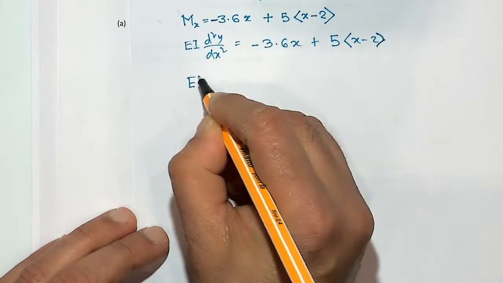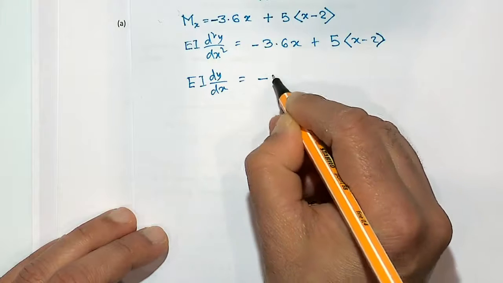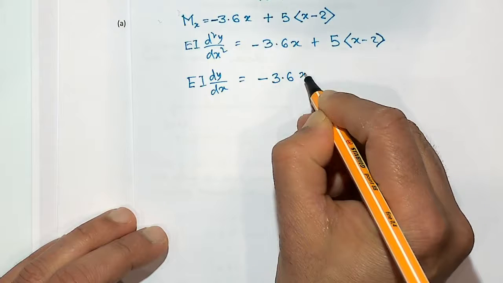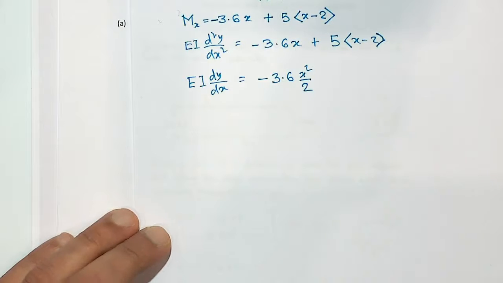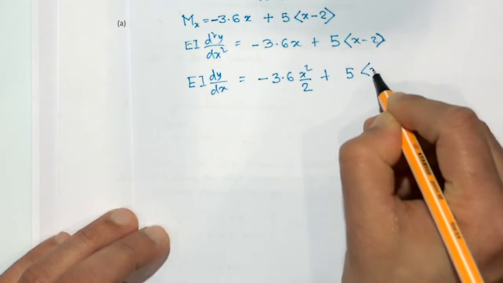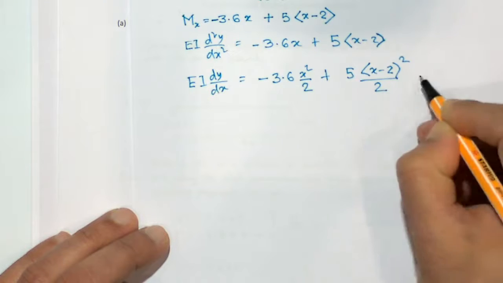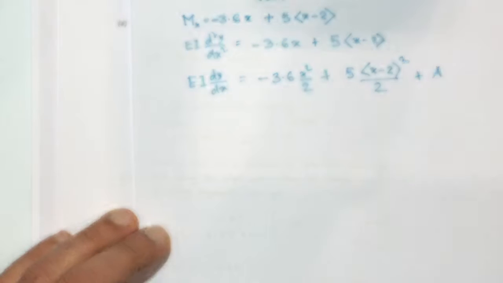So first integration gives me the slope. So that would be minus 3.6 x square over 2, that would be the integration. And this one I'll get exactly the same expression, (x minus 2) square over 2, plus integrating constant a.